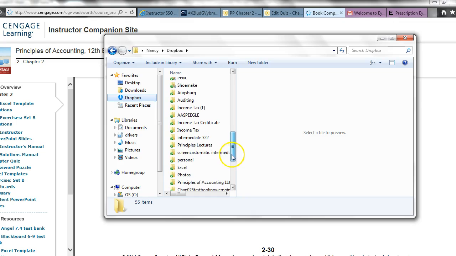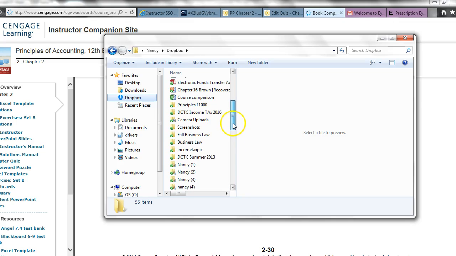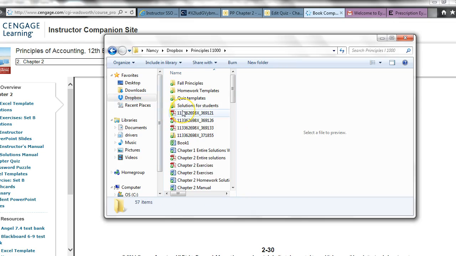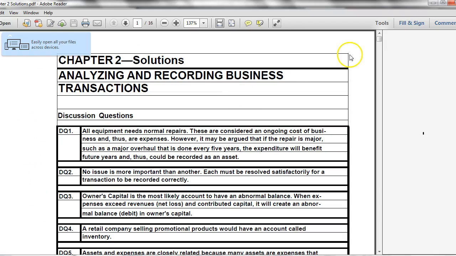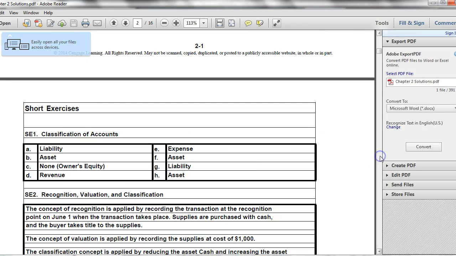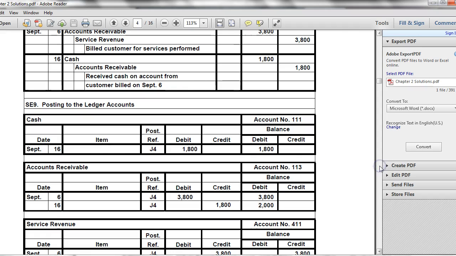Accounts payable. All payables have a normal balance of credit, so that's going to fall under a credit. What's next? Loans payable has a normal credit.